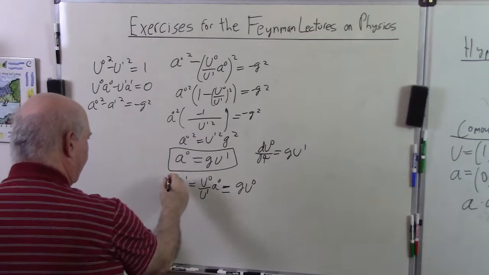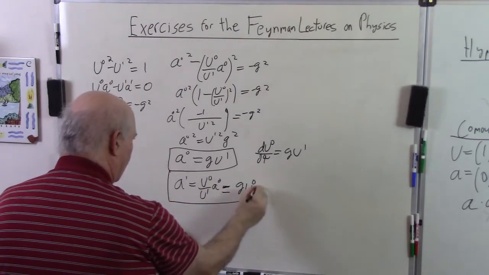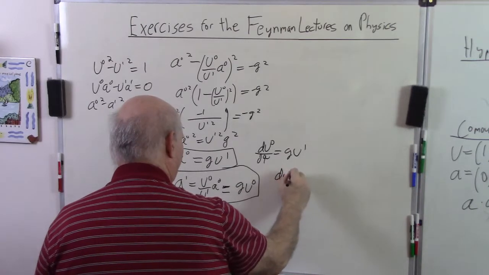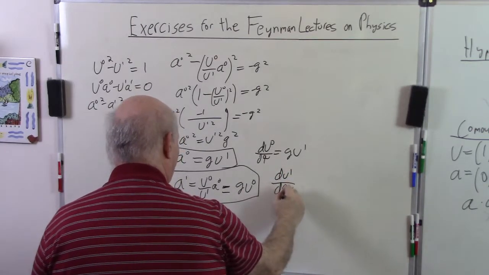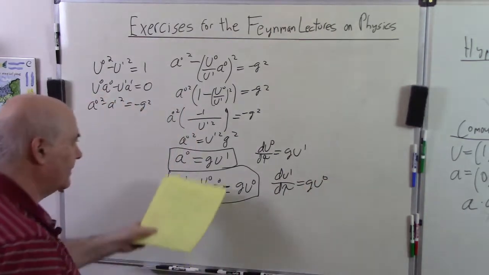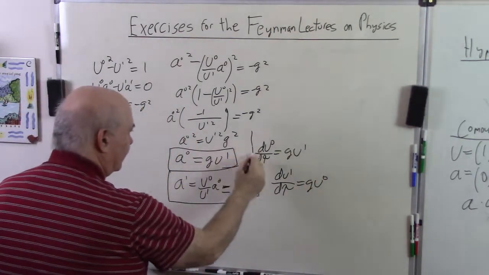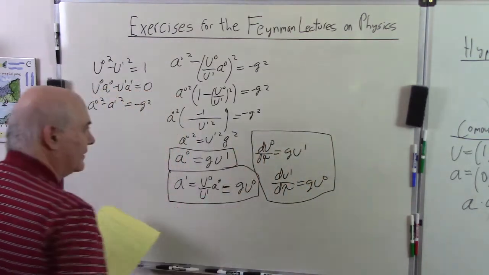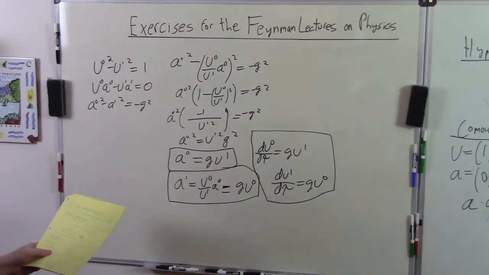So this is our second equation. And this one, if we write out, we just get du1/dτ equal G U0. So looking at these two, this is a set of first order coupled differential equations, and it's pretty easy to solve.